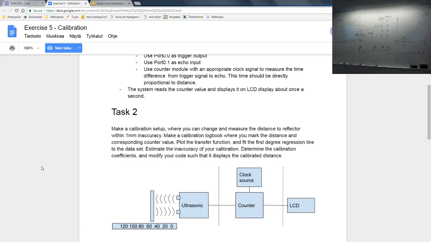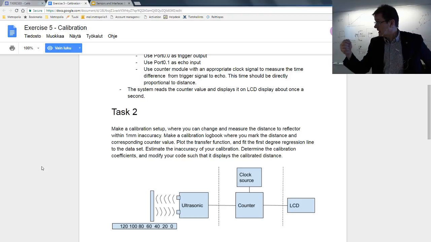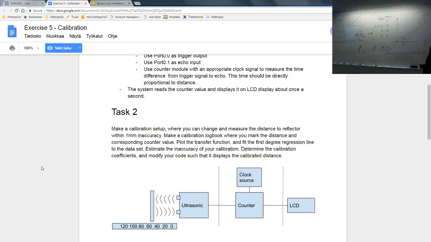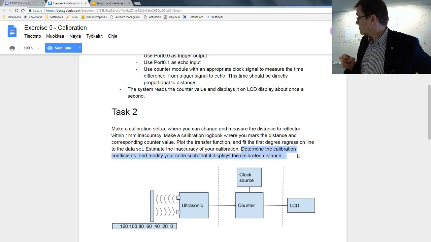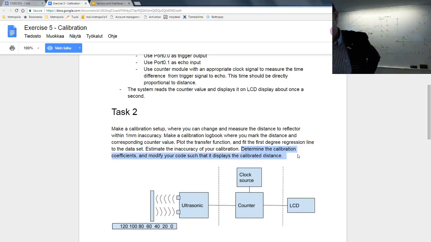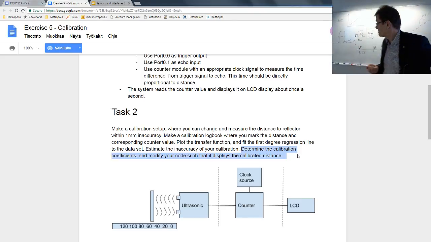Then do the modeling using that fit to compare how good a calibration you will get with that one. And that's basically estimating the inaccuracy of your calibration. Then you basically have just the calibration coefficients, reminding that on this particular microcontroller it would be best to do the calculation in fixed point arithmetic, meaning integer numbers.